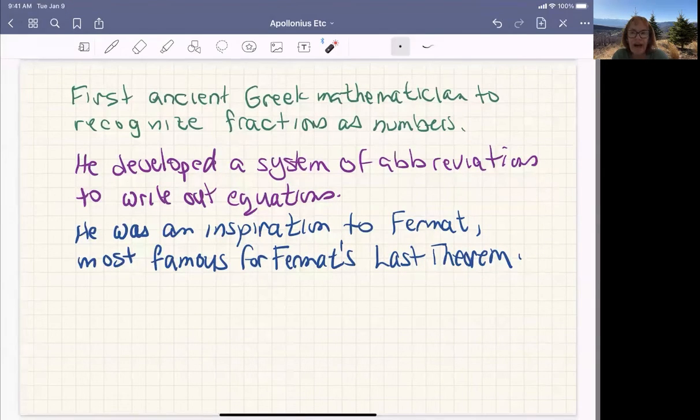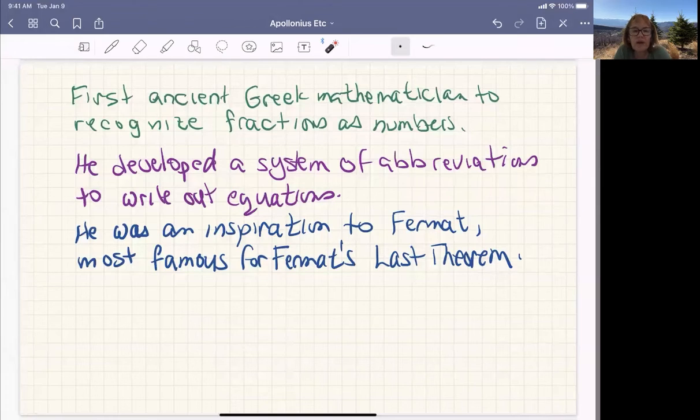And because he wrote a lot about solving equations, probably for a very practical reason, he developed a series of abbreviations of words and phrases that occur a lot when you're talking about solving equations. And so he developed a system of abbreviations to make it easier to write about solving equations.